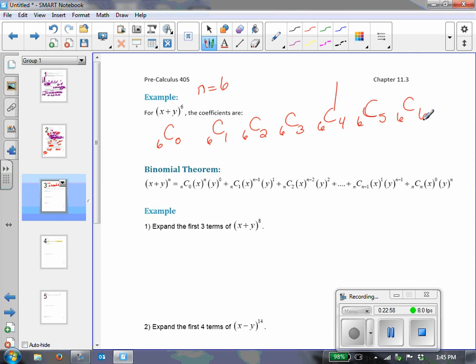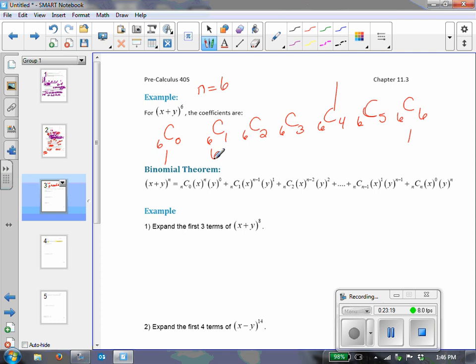What are those? Number-wise, what are they? Look, I'll do the ones for you here. What would this be? 6. And it's like a parabola, what do we know about it?